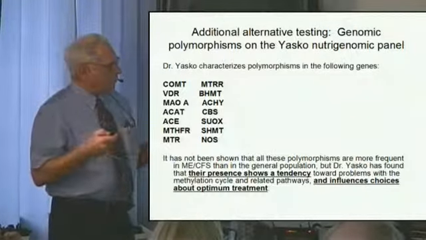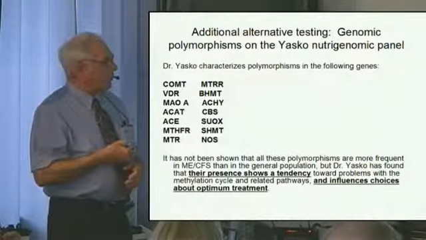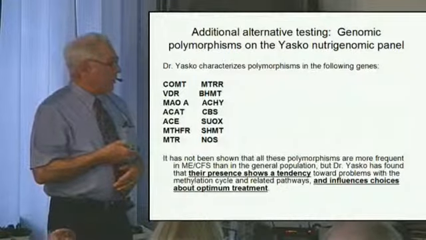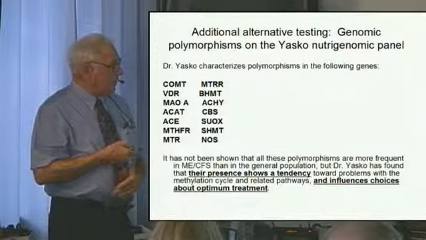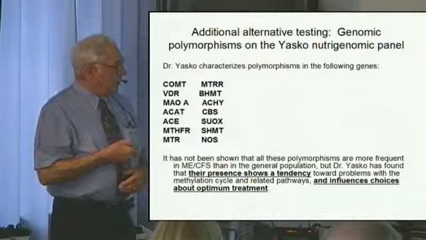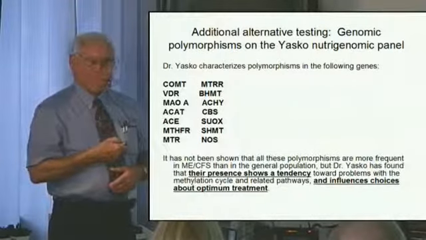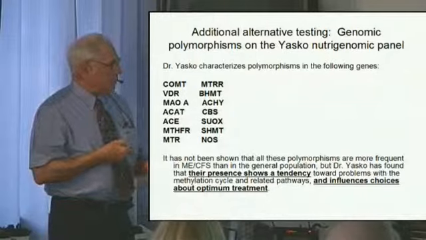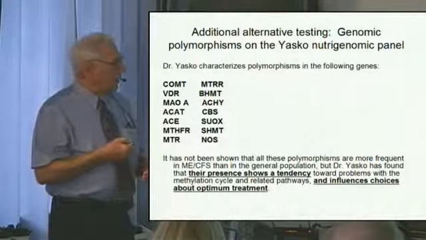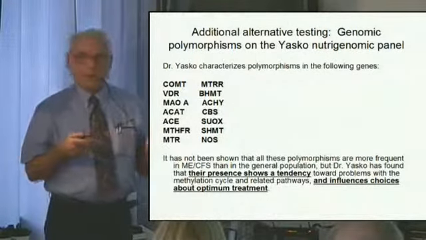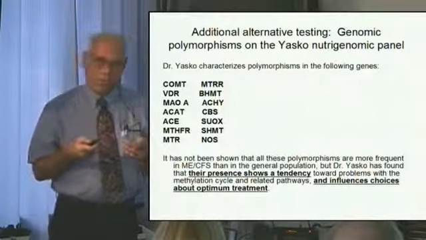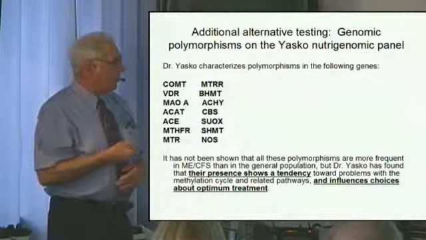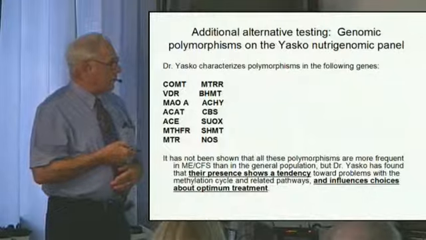There have been some informal studies, and we know that two or three of them really are. For example, this one here, angiotensin converting enzyme, has a deletion which causes it to be more active. We see this in almost every person with chronic fatigue syndrome. There are some who don't have it, but most of them do. So it's very prevalent.